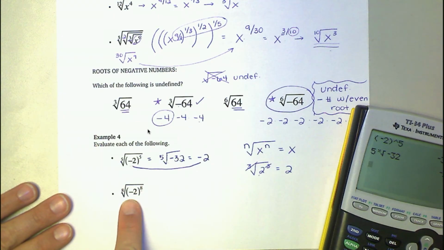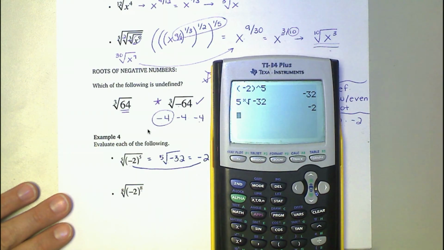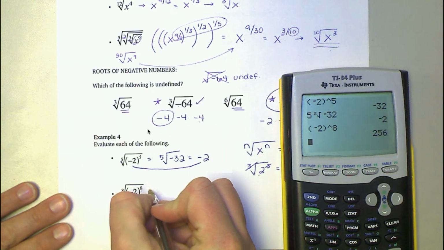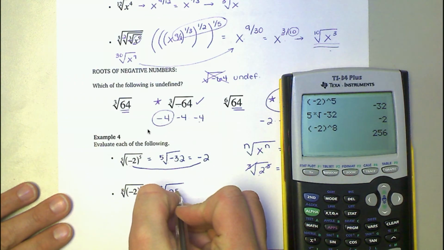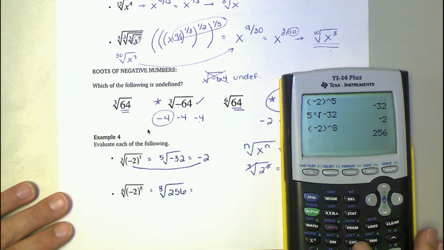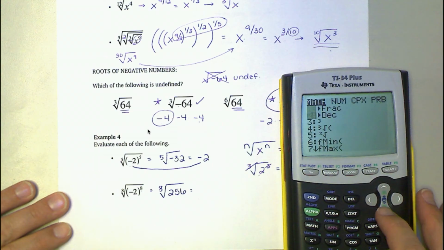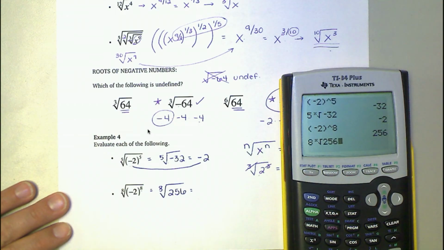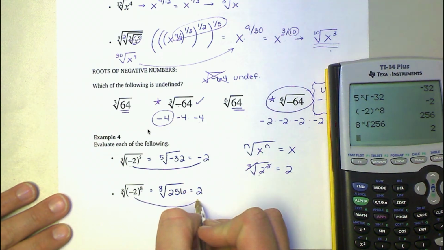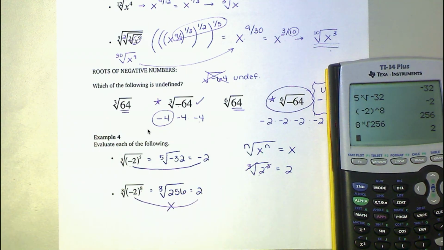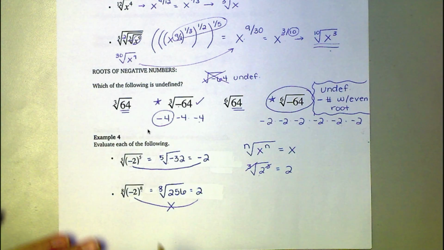But now let's take a look at this next one. When I do negative 2 to the 8th power, I come up with 256. And then when I do the 8th root of 256, it comes out to positive 2, which is not what we started with, okay? And so the issue really comes back again to this whole negative number and even roots kind of thing.